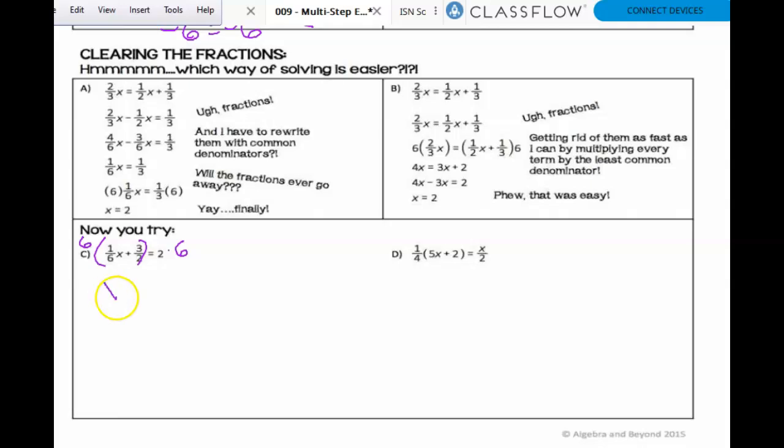I just have 1, so I get x. If you want to write the 1, you can. Look. 6 times 1, 6. Then I'm going to take 6 times 3 halves.